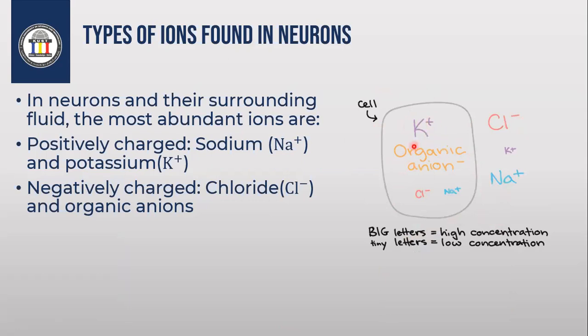The K, the potassium, and the organic ion, potassium positive, organic ion negative, are in high concentration inside the cell membrane, while the chloride and the Na will be outside the cell membrane. So the chloride and the Na are outside, the organic ion and the potassium inside. And you know that the positive charges are sodium and potassium, and the negative charges are the chloride and the organic ion.